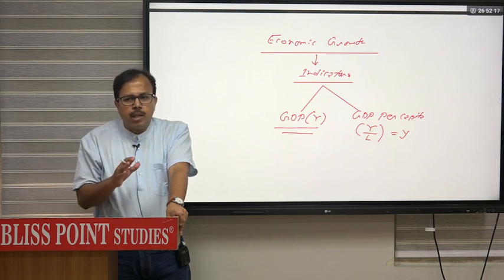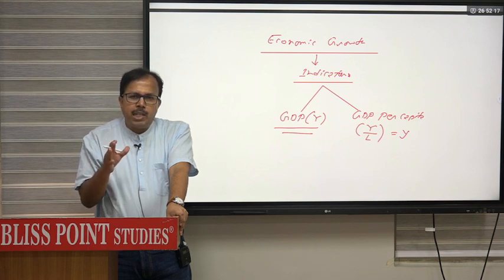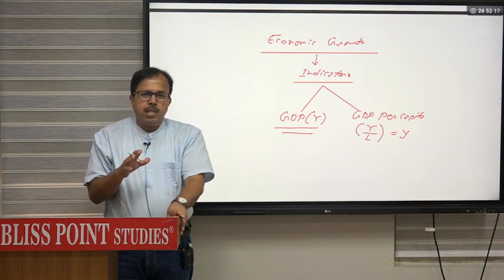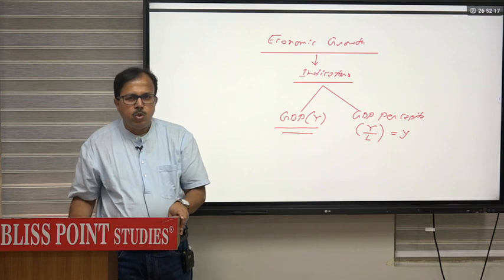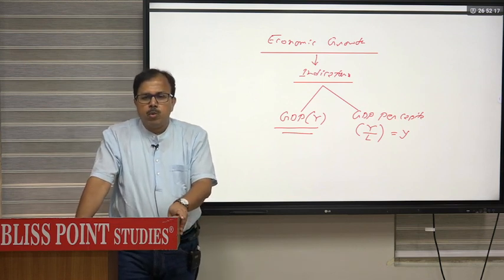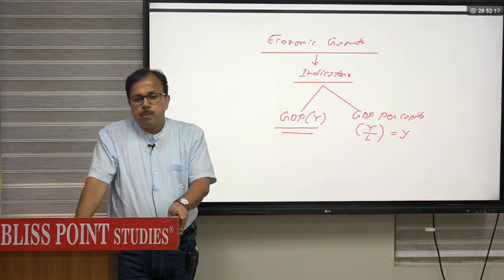So there are many indicators of development, but development will always bring a qualitative change in life, whereas growth is always bringing the quantitative change in life. If you have more income, you can buy more quantity, but in the absence of better health or education, the quality of life will not improve.